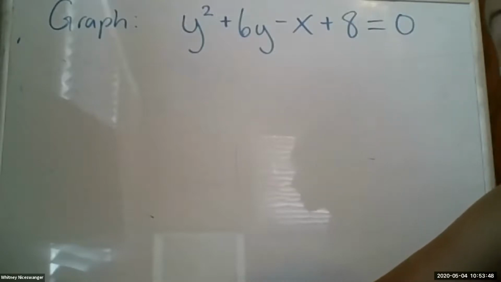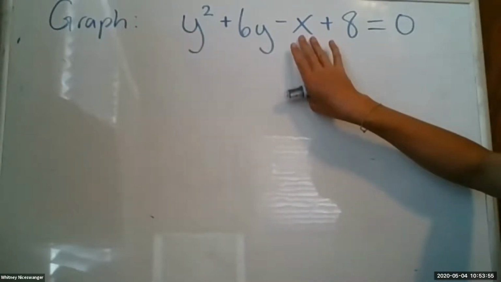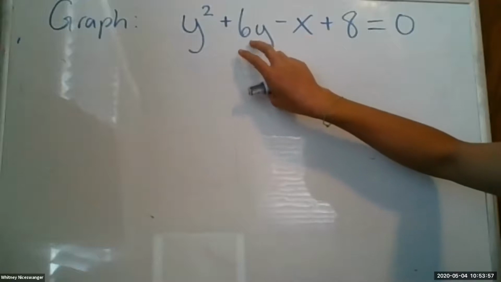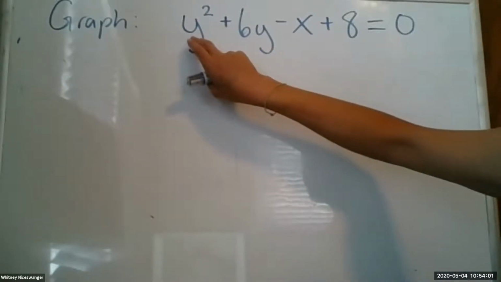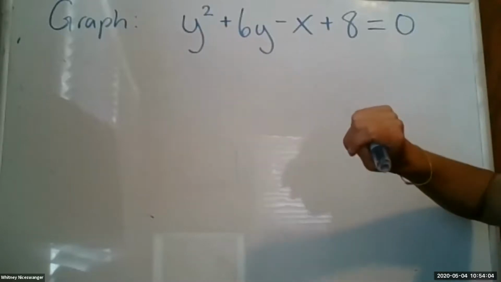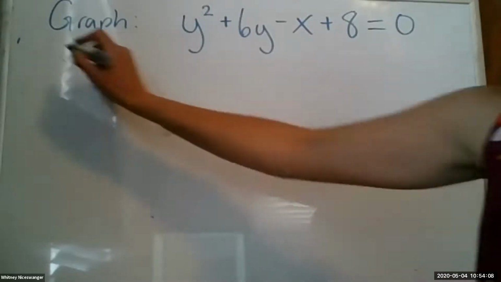At first, you might not recognize what this is, but you see that our y is squared, we have a y squared, and our x term is not squared. Yes, there is this other y there, but that's okay because we could wrap it into this y. So y is squared, x is not squared. That tells us we have a parabola.